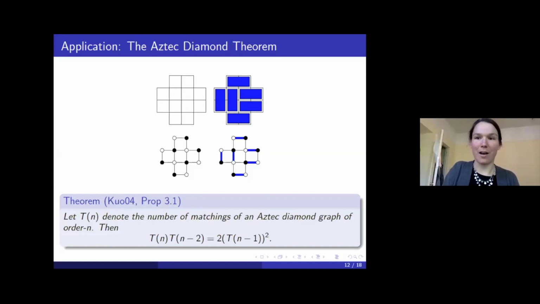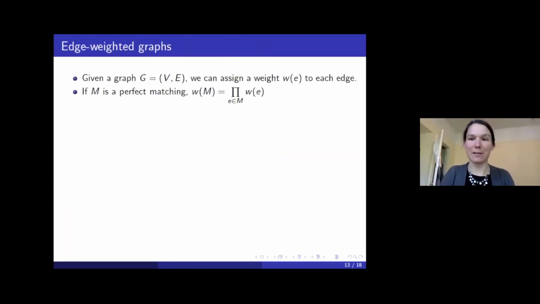Okay, great. So something else I wanted to mention is that Kuo's work also holds for edge-weighted graphs. Whenever you have a graph, you can assign a weight to each edge. These weights can be real numbers or they can be formal variables. If you have a perfect matching of a graph, the weight of a matching is just the product of its edge weights.